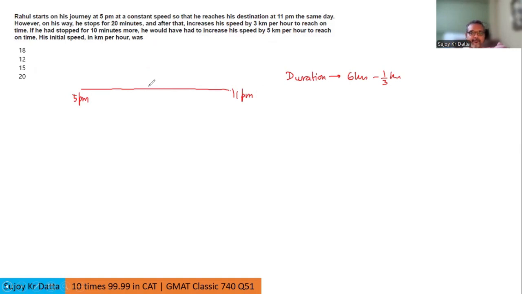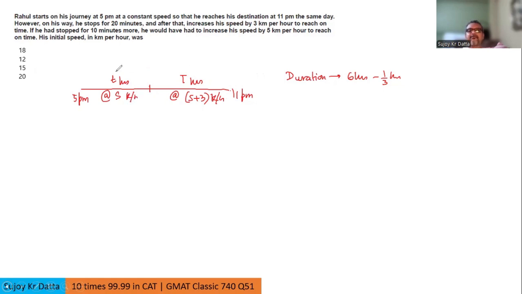So that means for a particular time, let's call that small t, he traveled at a certain speed, S. And for the remaining time, capital T, he traveled at 3 kilometers per hour higher than that, S plus 3. Right? So t hours and capital T hours, kilometers per hour, kilometers per hour.